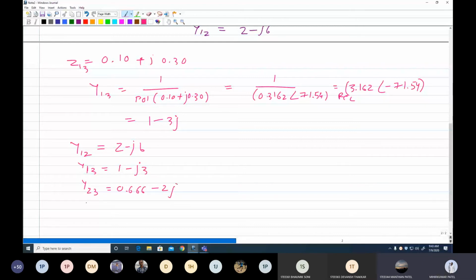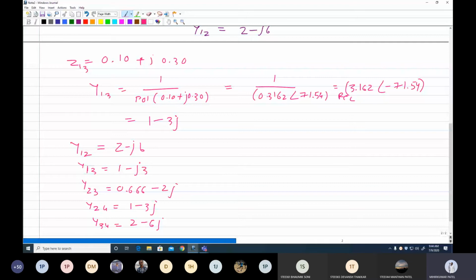Y24 is equal to 1 minus 3j. Y34 is equal to 2 minus 6j. So you have calculated all the elements.